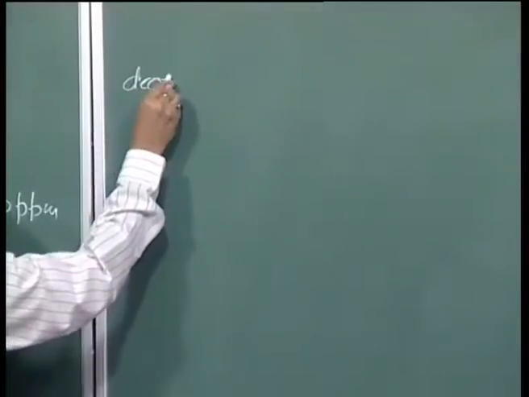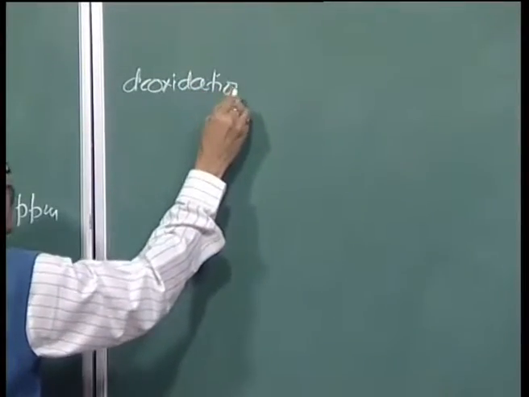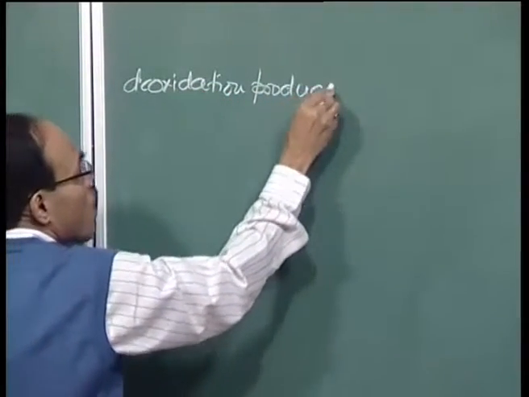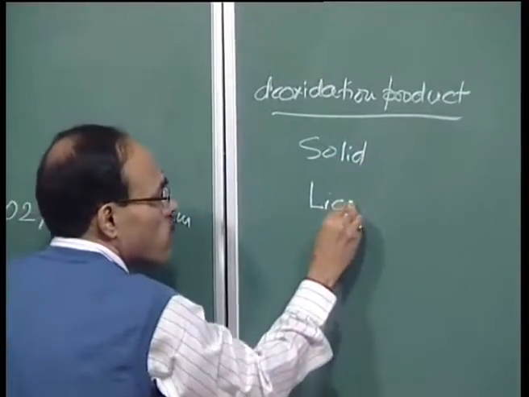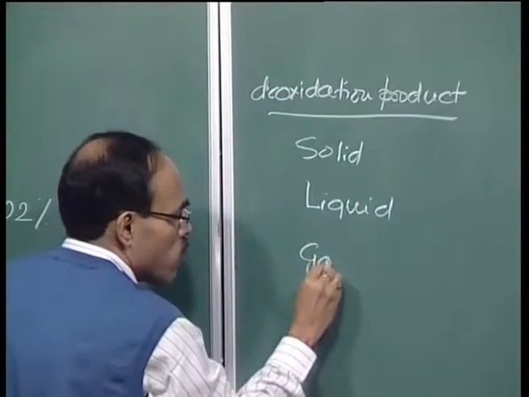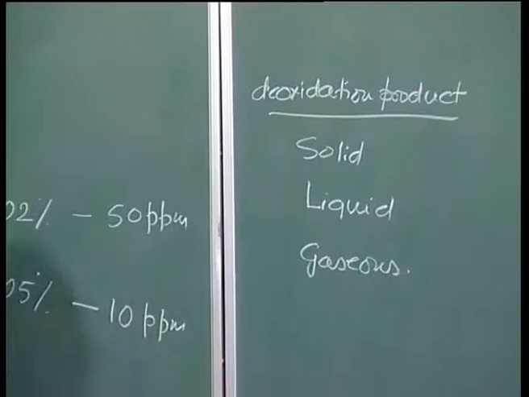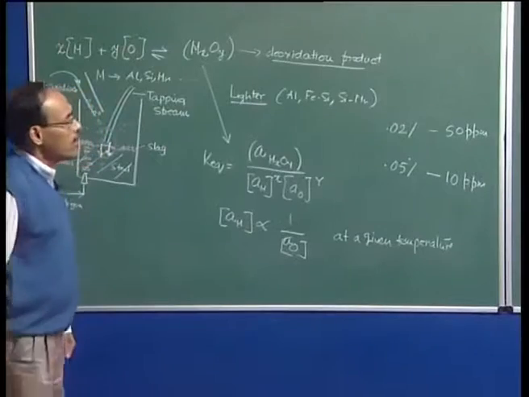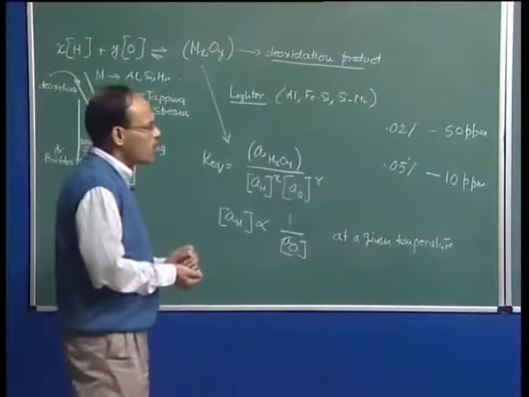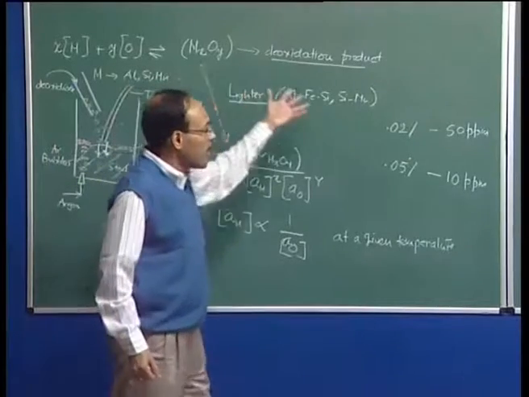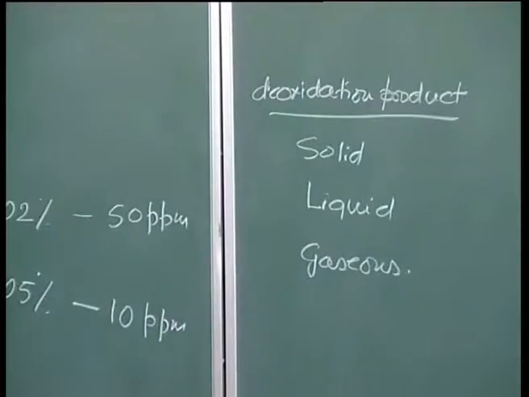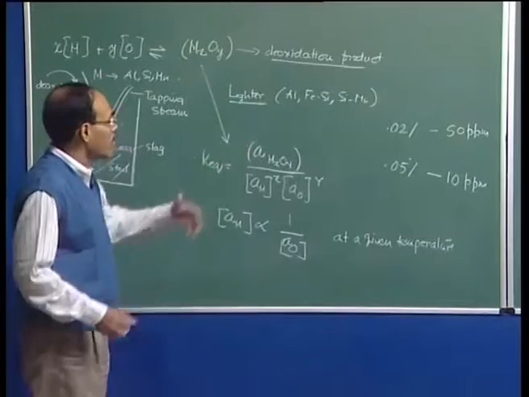We can write deoxidation product can be solid, liquid, and gaseous. Liquid deoxidation products are basically compounds, as we'll see later on. Solid deoxidation products, as I have mentioned, alumina you can visualize as a solid deoxidation product, and then the gaseous deoxidation product is carbon monoxide.